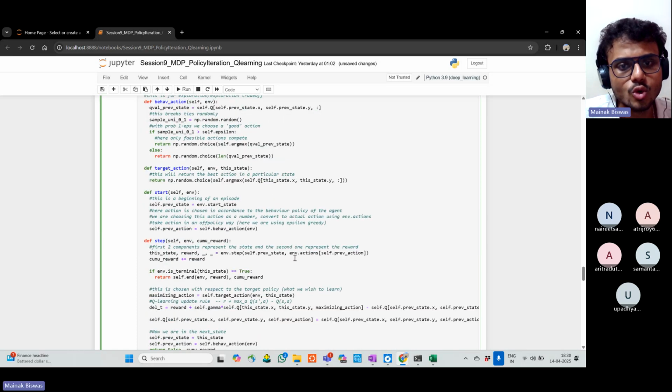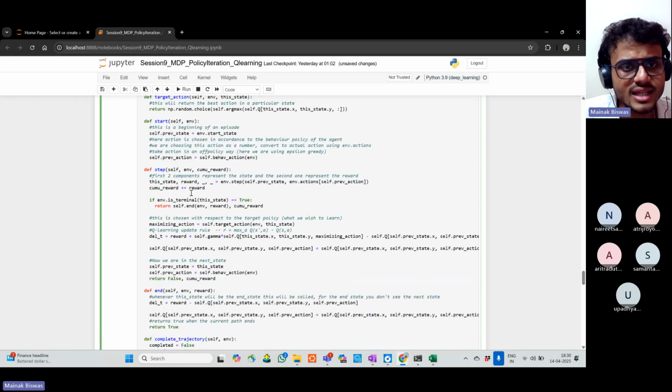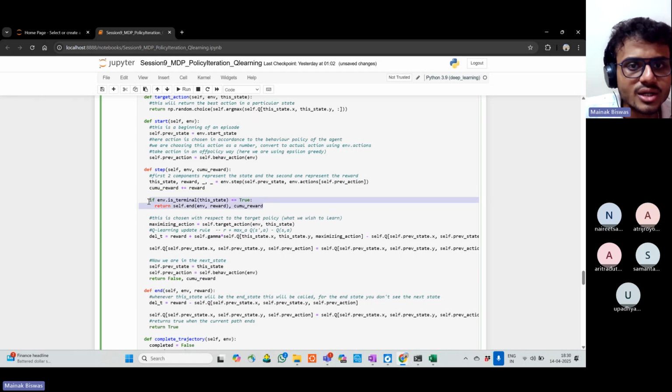So that's what I'm going to do over here. The step here is again, just look at this. The previous state is what I'm passing and I'm returning what action also you are choosing, and I return the cumulative reward. And if it is a terminal state, I return the value of the terminal cumulative reward function.